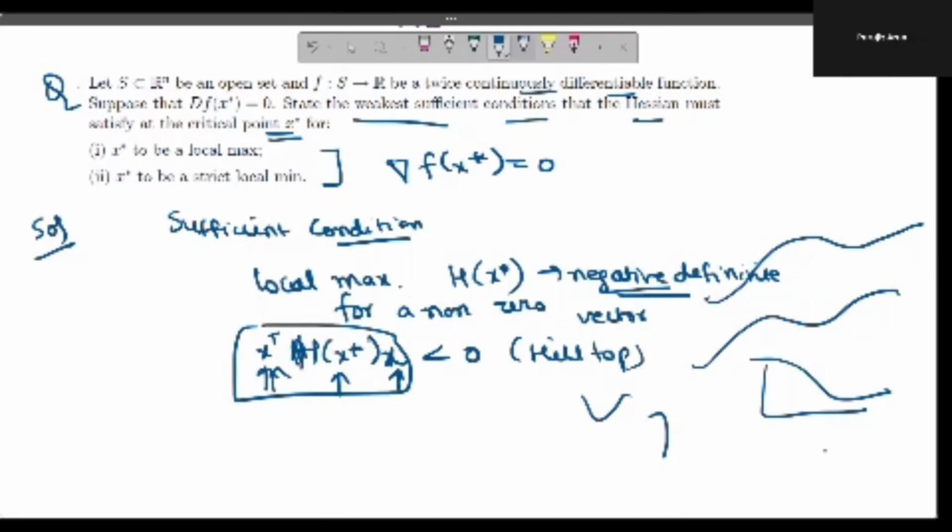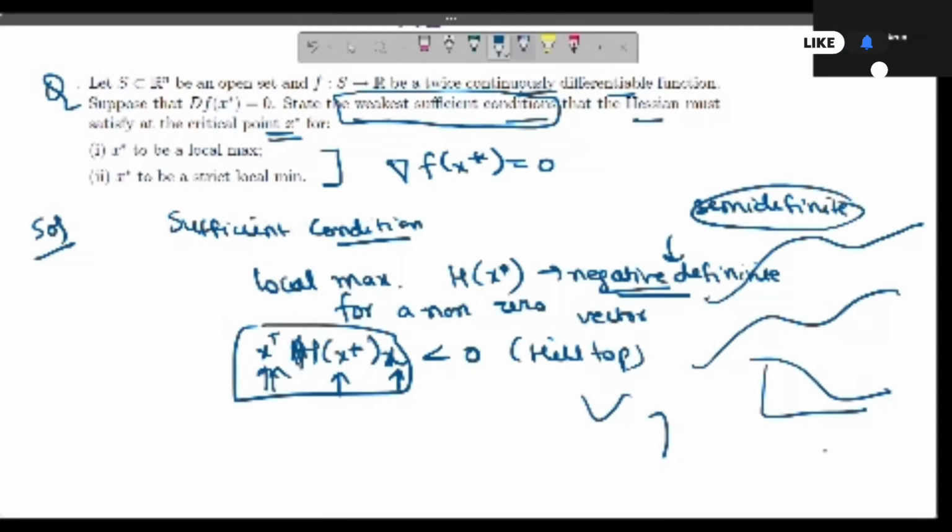Ma'am, what is the non-zero vector here? So it has asked me the weakest sufficient condition. I could have used semi-definite also, but I am asked for the sufficient condition. For semi-definiteness, it has to include 0. And if you are saying negative definite, because weakest sufficient means already that your differentiation is substituted as 0.